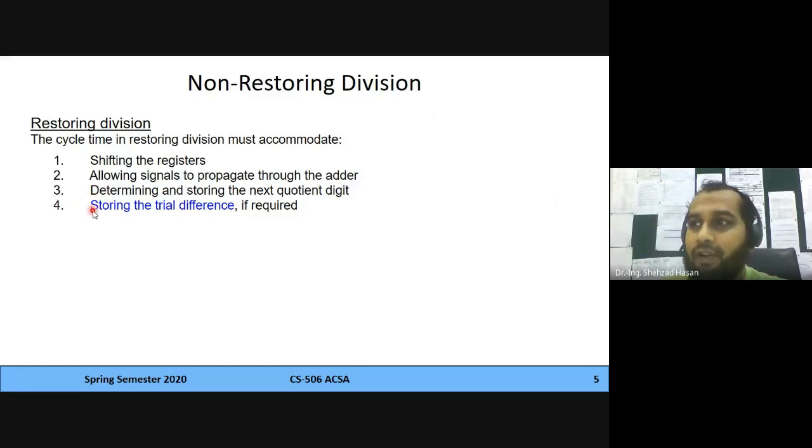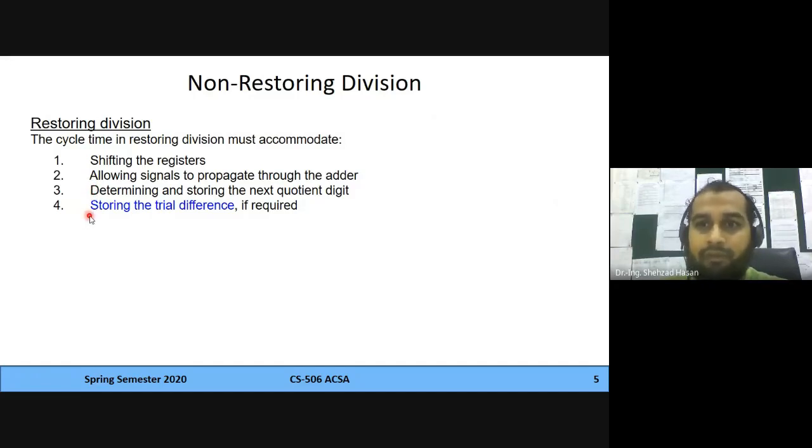But in step 4, there is something different each time. Sometimes you are going to store that value, and sometimes you're not going to store that value. This means that step 4 is dependent on step 3, right? So you are waiting for that result, and then you can do step 4, right?